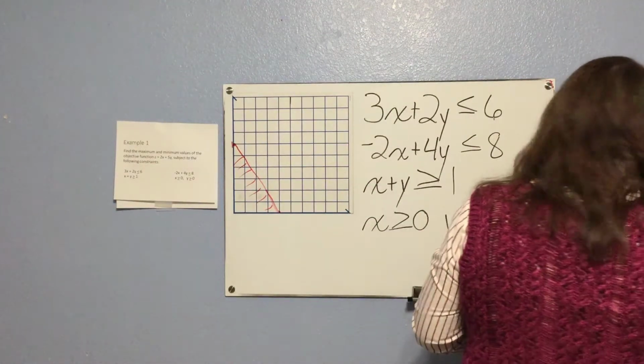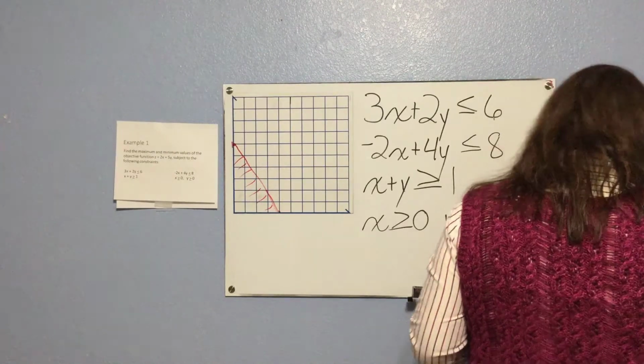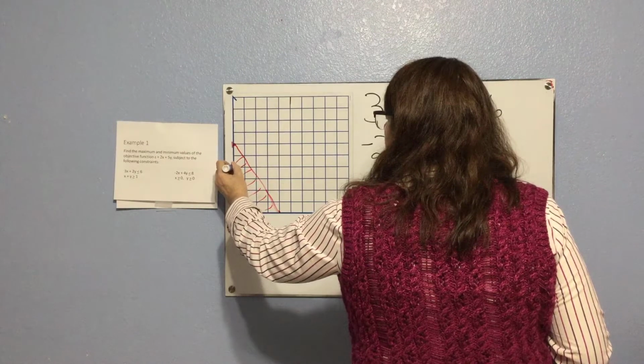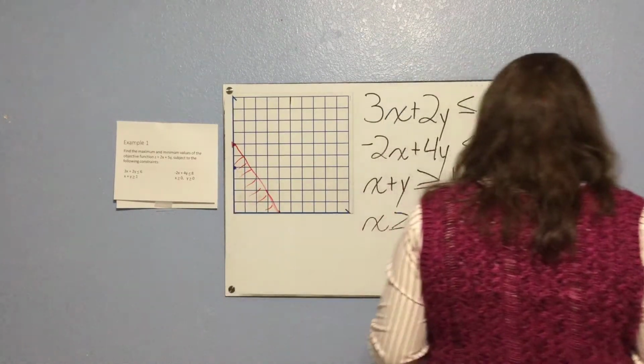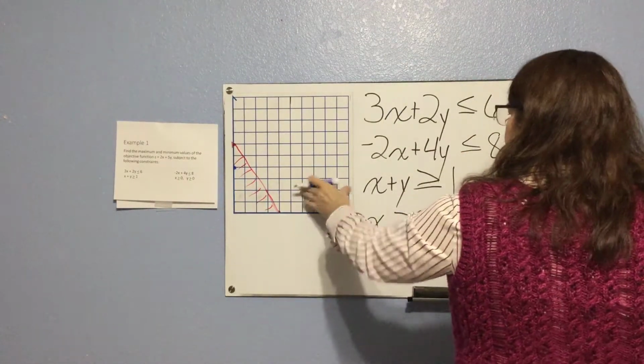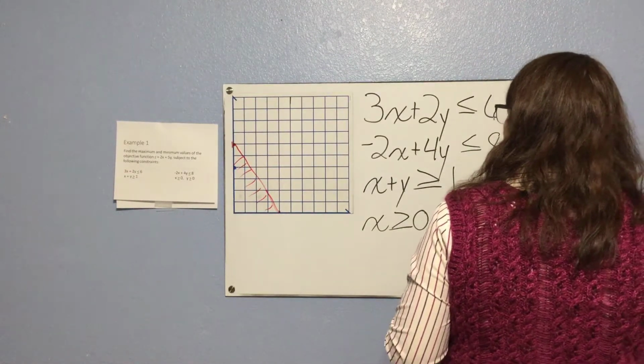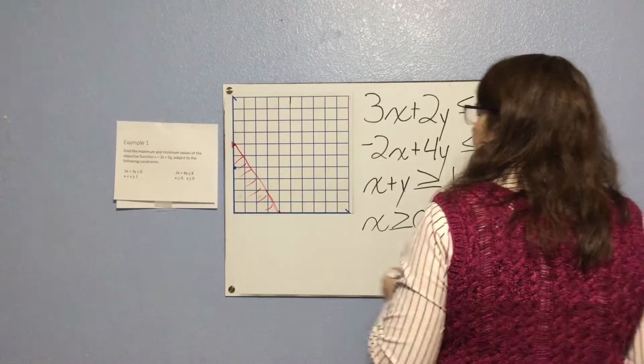In my second inequality, I have a y-intercept at 2. So 1, 2. I don't have an x-intercept in this first quadrant area, but I do know that my slope is going to be positive 1/2.